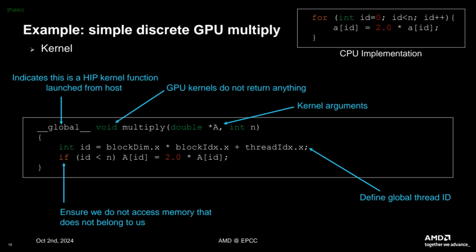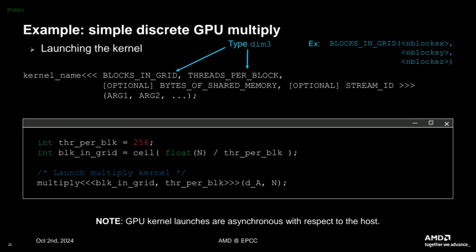We are going to discuss next what this global declaration here means for the kernel. The other thing to be aware of is that GPU kernels have to be declared as void, so they do not have a return value. This slide shows the arguments for the kernel launch.